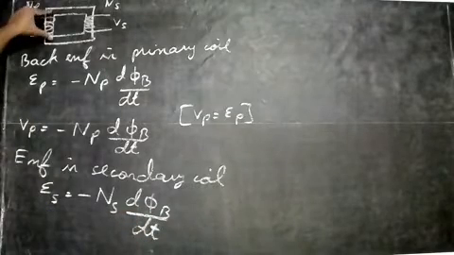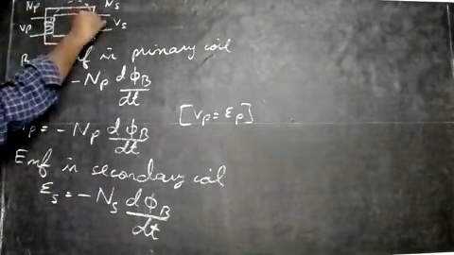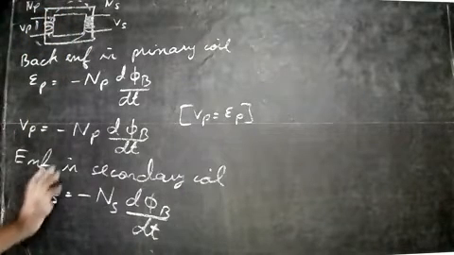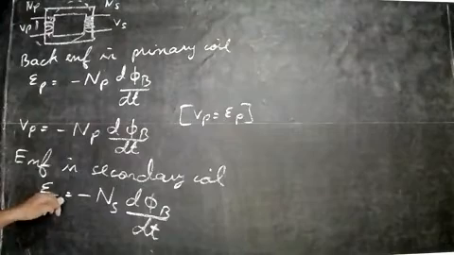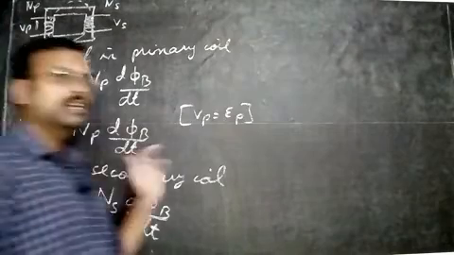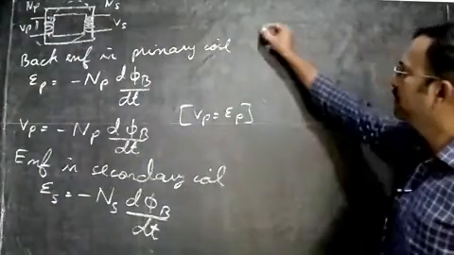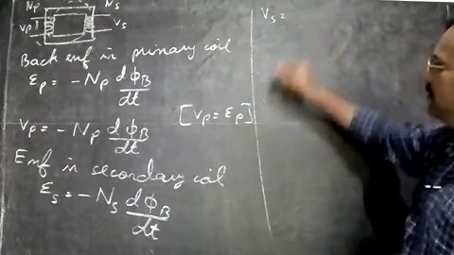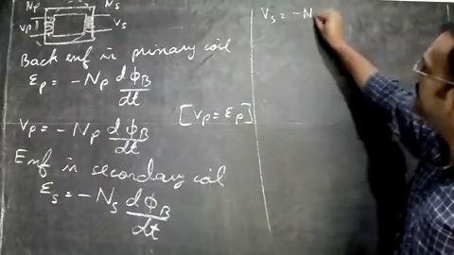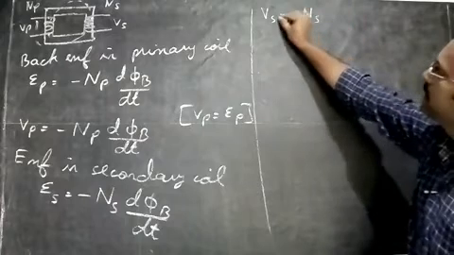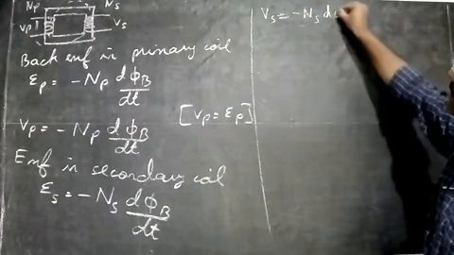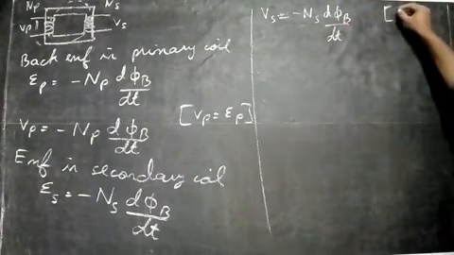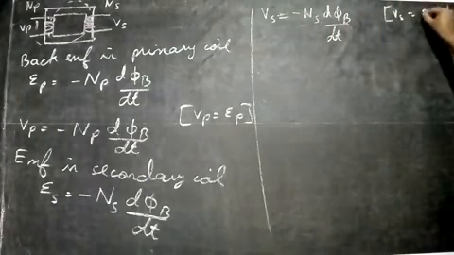The magnetic field produced by the first coil hits the second coil, and that is why an EMF is produced. This back EMF in the secondary coil is equal to the voltage in the secondary coil. So the voltage in the secondary equals minus NS into d phi b by dt, because the voltage in the secondary is equal to the EMF in the secondary.